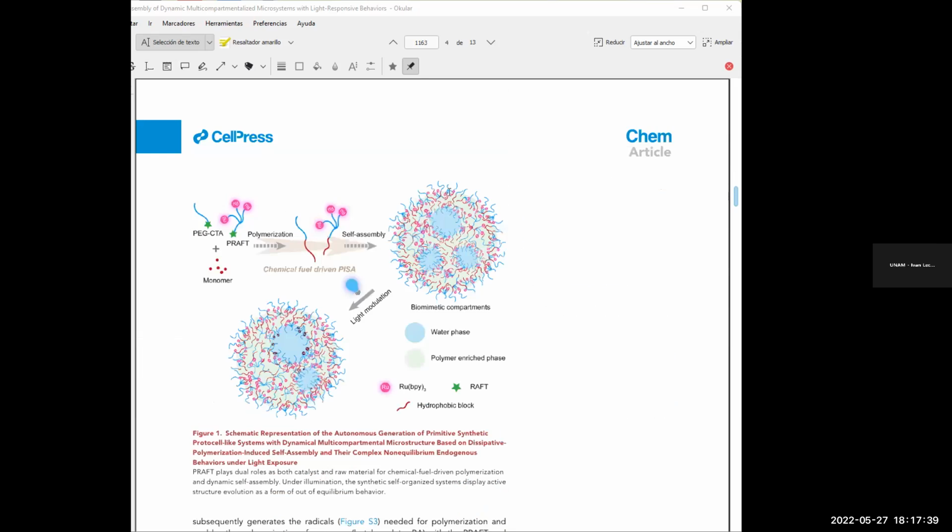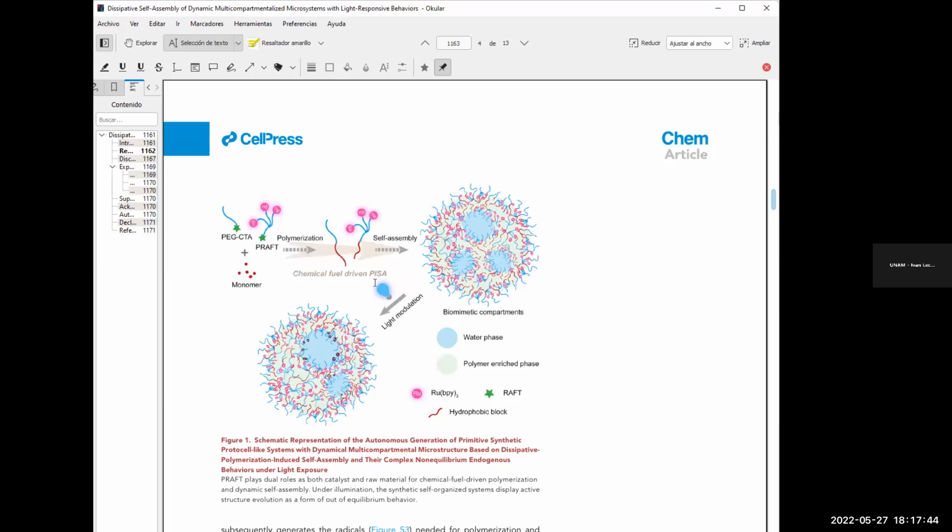And this is interesting because they are thinking also in dissipation and self-organization through dissipation, but from a different source of energy than the one we are thinking about. So this is through chemical potential, rather than through light. Yeah.